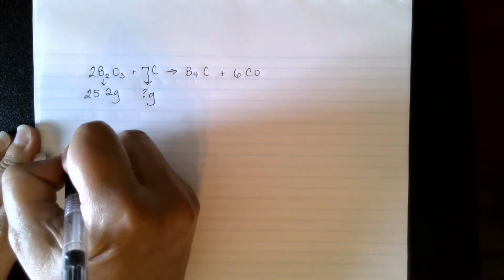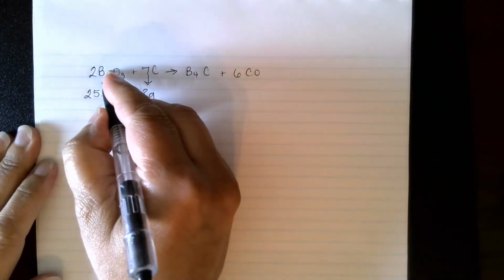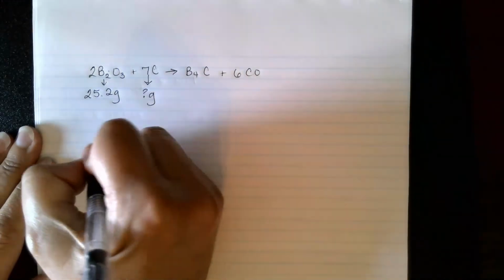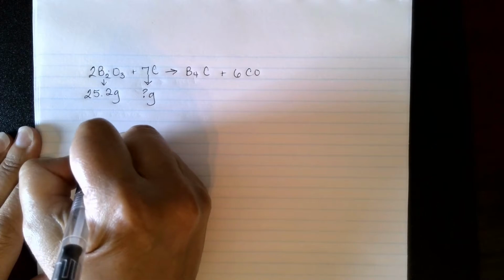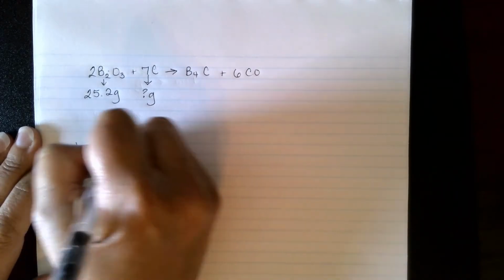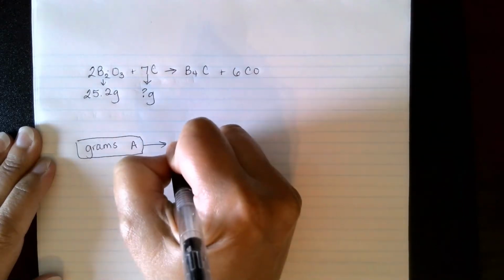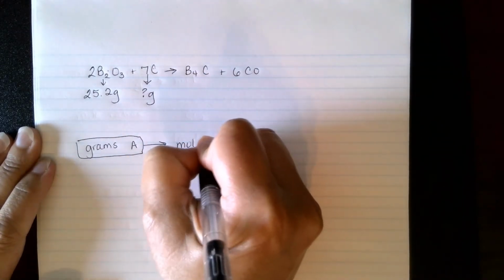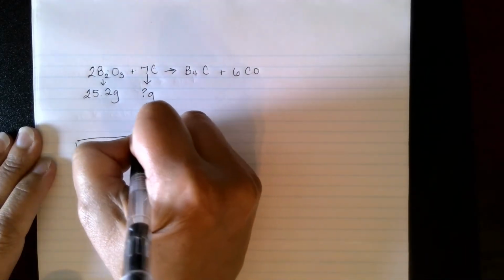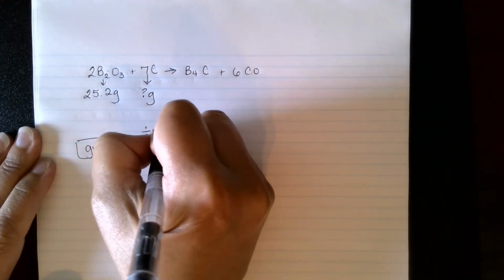I can't go from one substance to another substance unless I have moles. So if I ever start out with grams of something, I'll call this grams of A, my first thing, I'm always going to have to get to moles. I'm going to do that by using my molar mass.